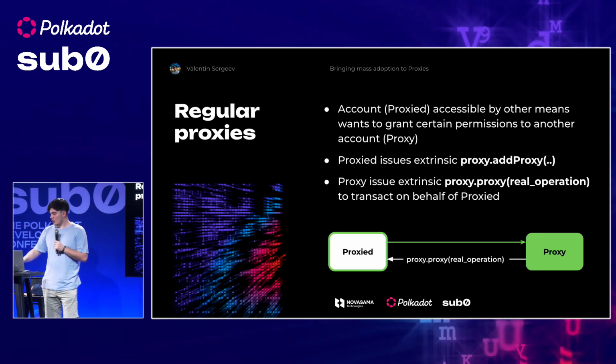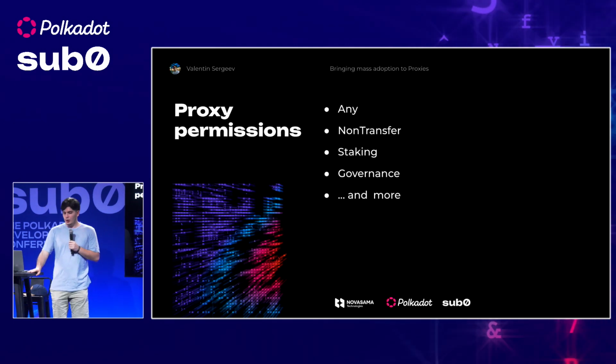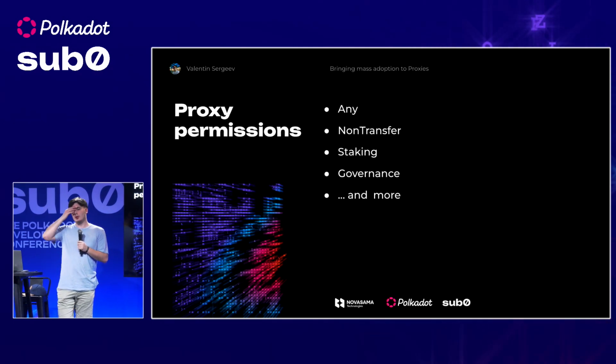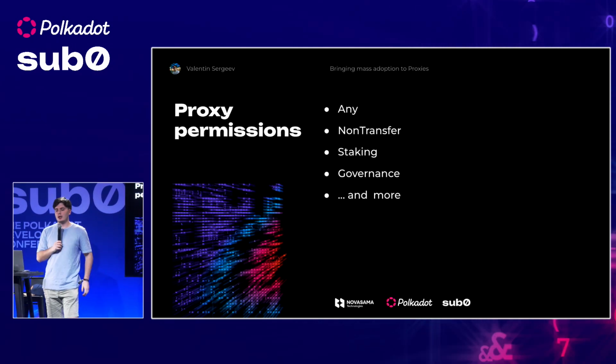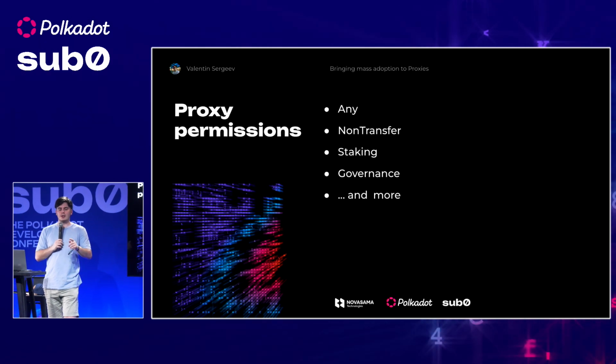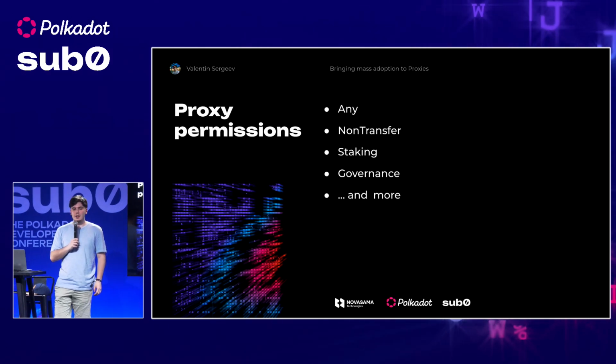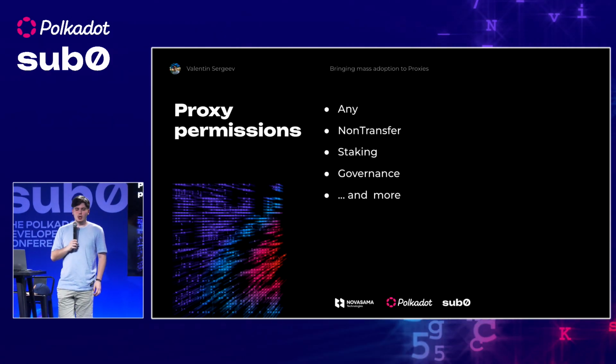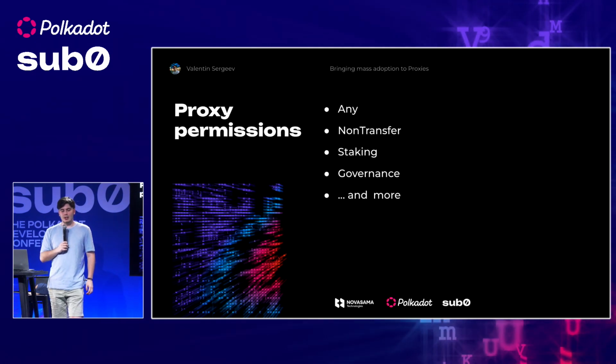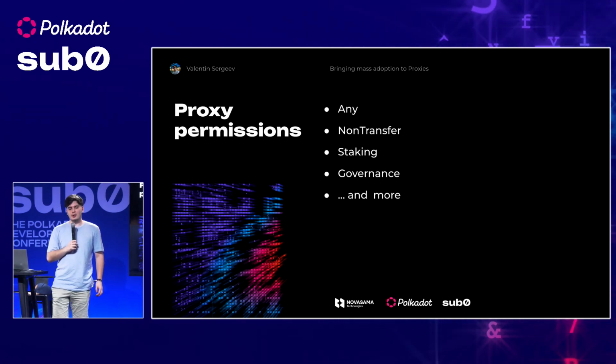So you might ask, how can I make sure I will limit this connection only to a certain set of operations? Luckily for us, there are different proxy permission types available.